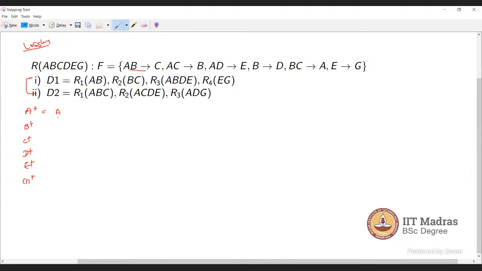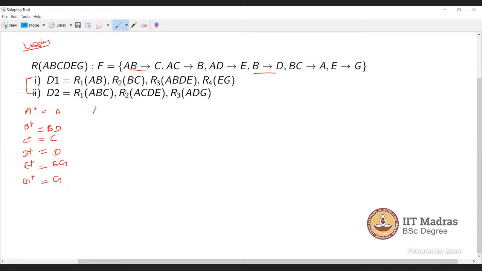No. B closure is B, D, and from D can we determine anything? No. From C, only C. From D, nothing. From E, G. From G, can we determine anything? No, only G.